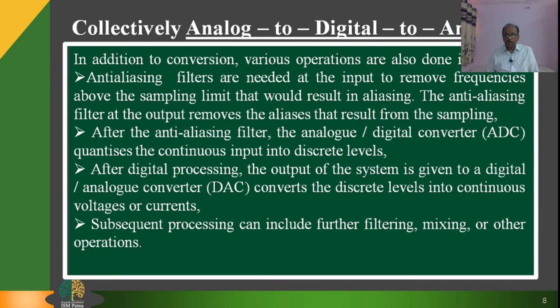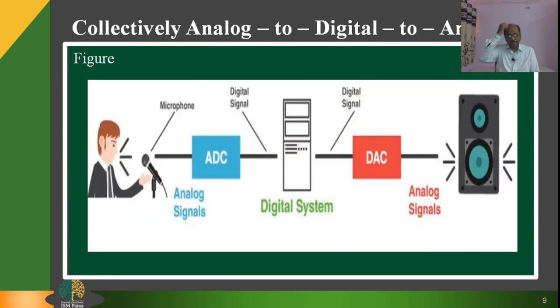So, on the screen you are seeing the complete processing. The person who is saying something with the help of a microphone sends the signal to the ADC, the ADC converts the analog signal to digital signal, and those digital signals are received by the computer system, and inside the computer system signals are mixed, filtered, anti-aliased, and whatever the required operations are, those are done.